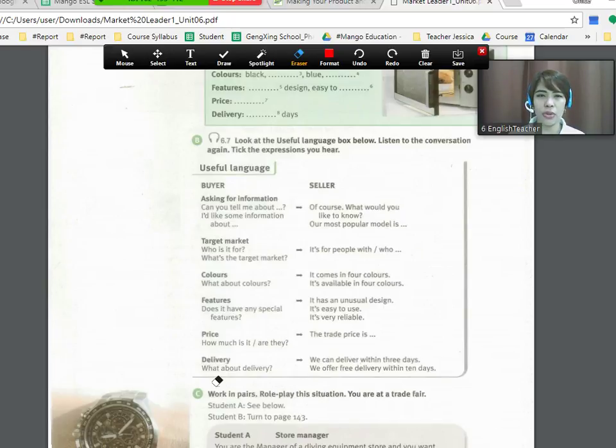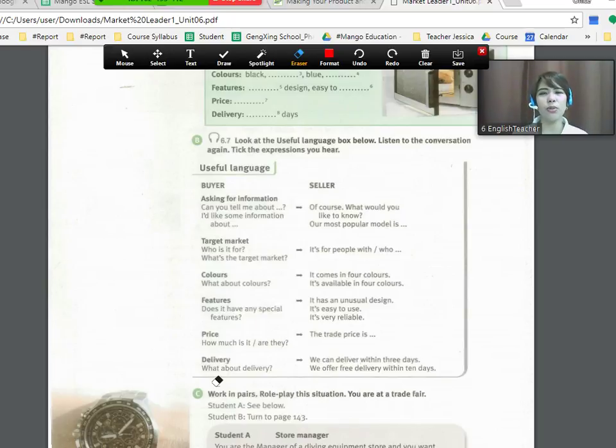Very good. So you would say, of course, what would you like to know? Or our most popular model is XVIO, or you can say XV79. So these are the information about specific models or specific products.